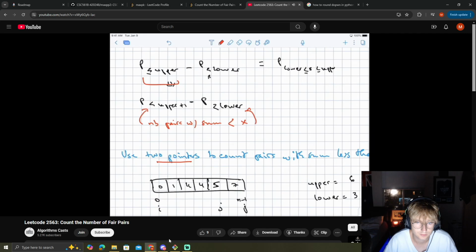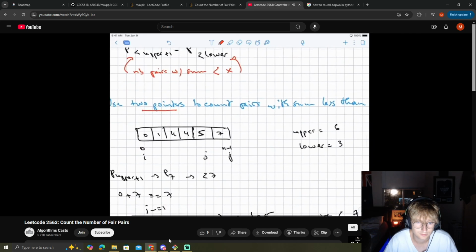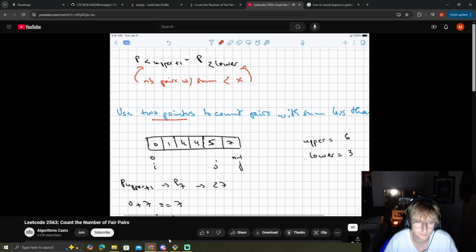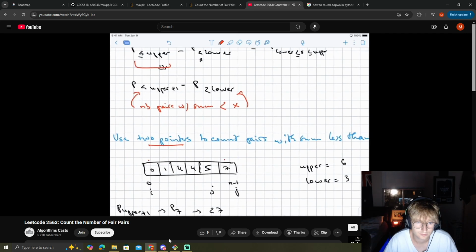So how does that work? Let's say we have this array here. We can just have our pointers here and here. As long as the sum is bigger than the x value, we need to reduce the sum to have a chance for it to be smaller than x. And so we just reduce j, we move it to the left. If the sum is still bigger than x, we move it to the left again.